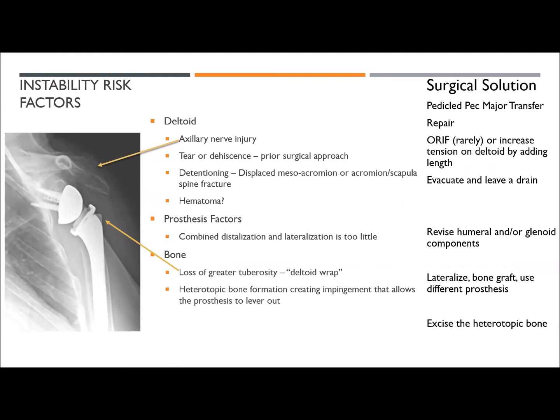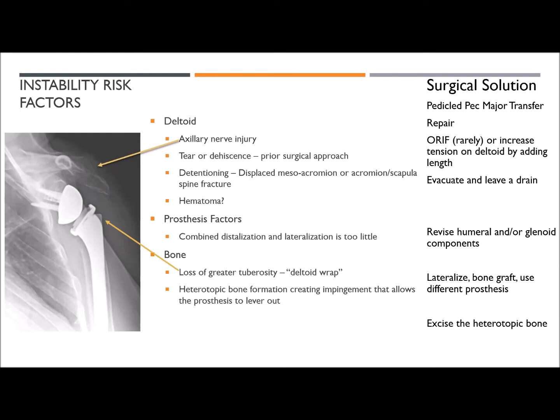It's pretty rare for me to see, for example, like Ben was mentioning, if the subscapularis has failed in a reverse shoulder placement, it's very rare that that's the only factor that's contributing to instability. I think primarily because it's rare that we're doing that classic Grammont medialized design at this point.